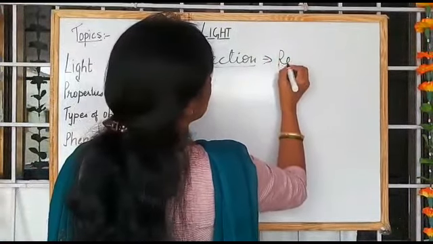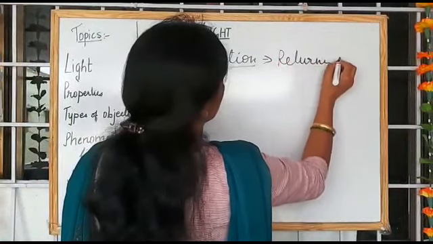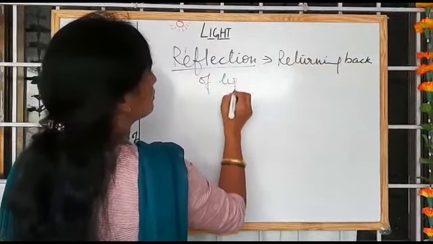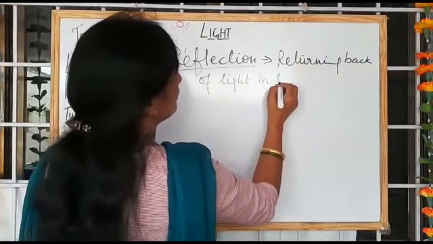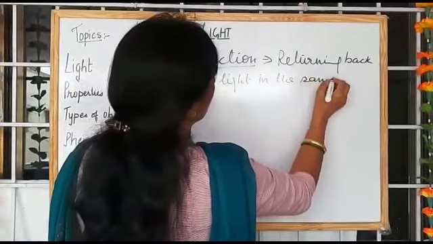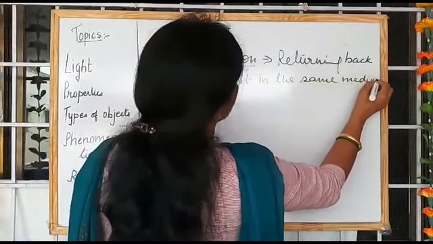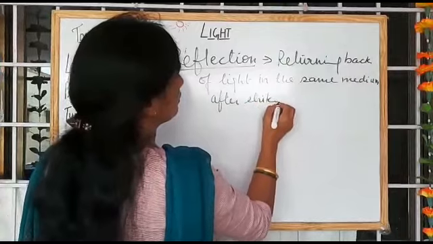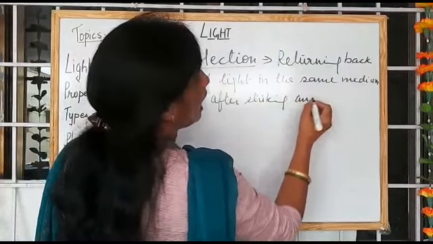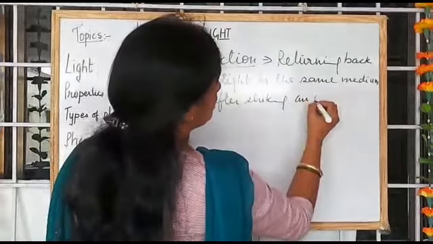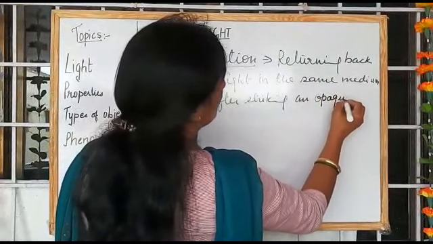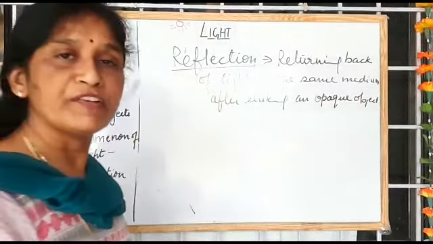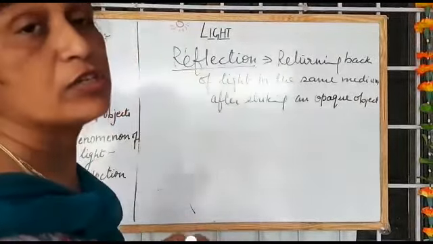So I'll write: it is returning back of light in the same medium after striking a highly polished surface or an opaque object, right? A highly polished surface even may reflect the light. Okay, so this is reflection.